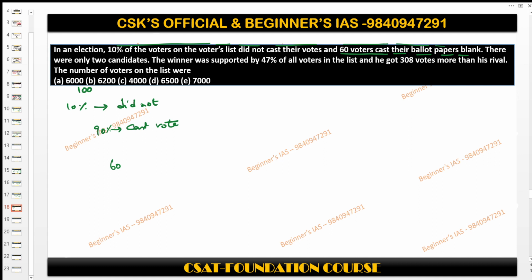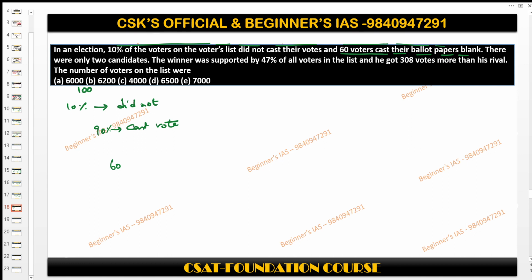First of all, you just find out how many of them participated. Participation here is 90 percent, and 10 percent did not cast their vote. Out of that 90 percent, blank is 60.